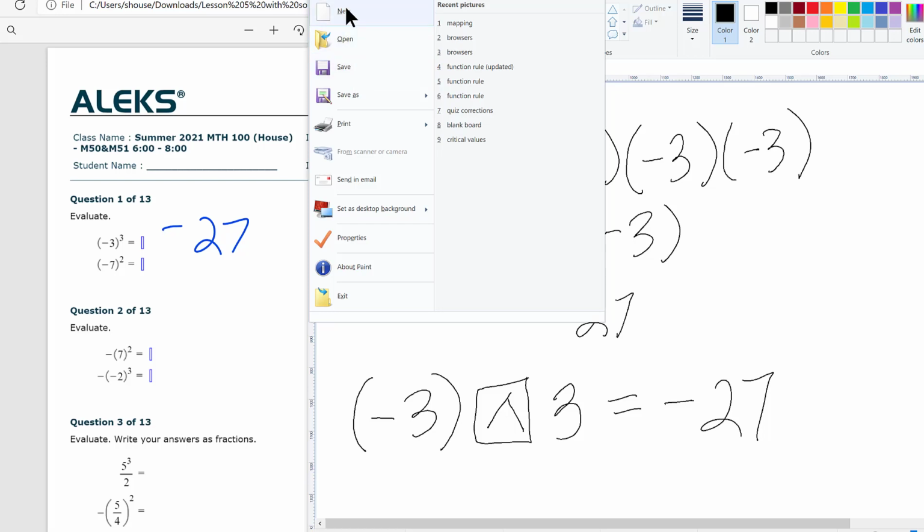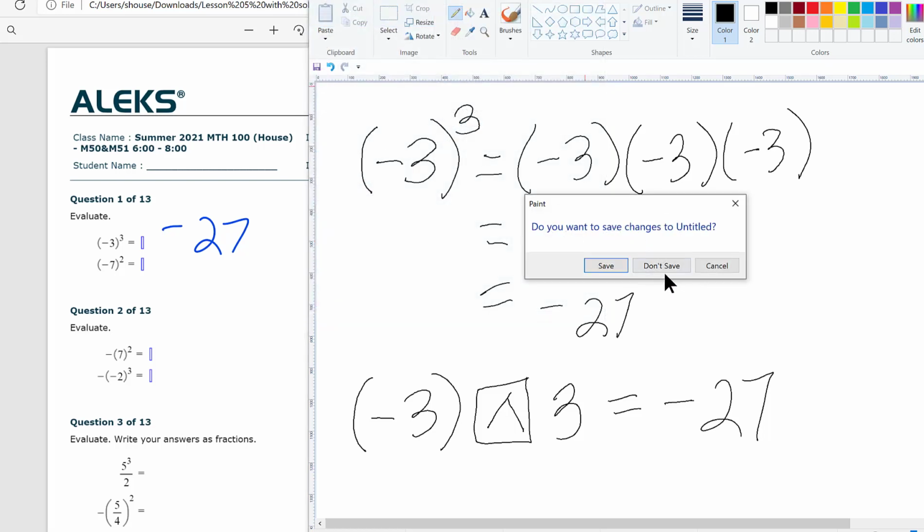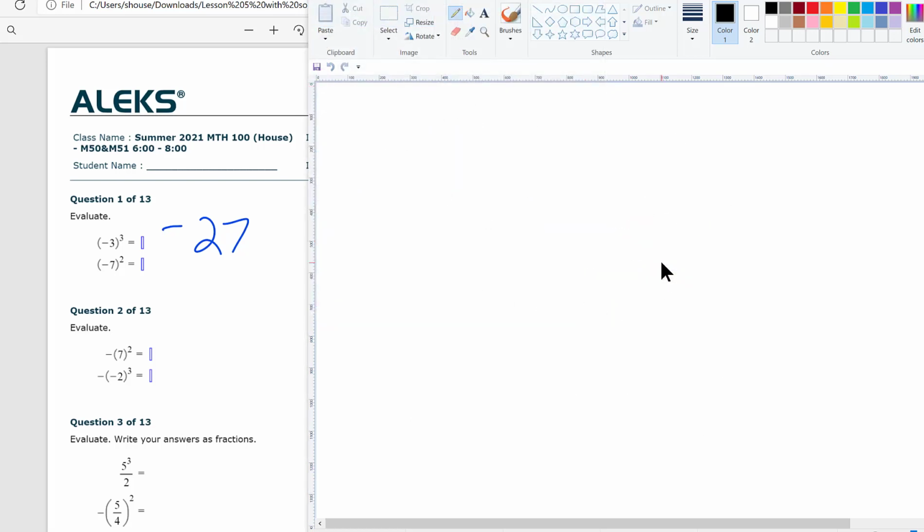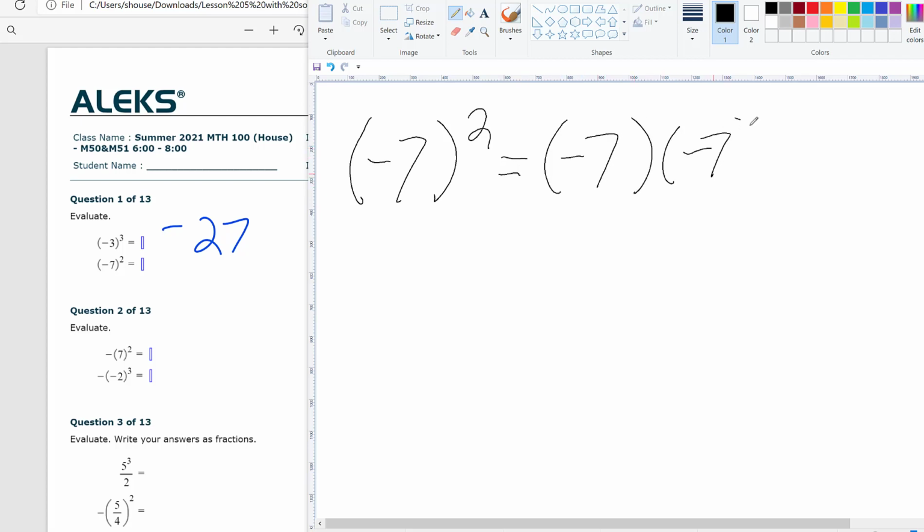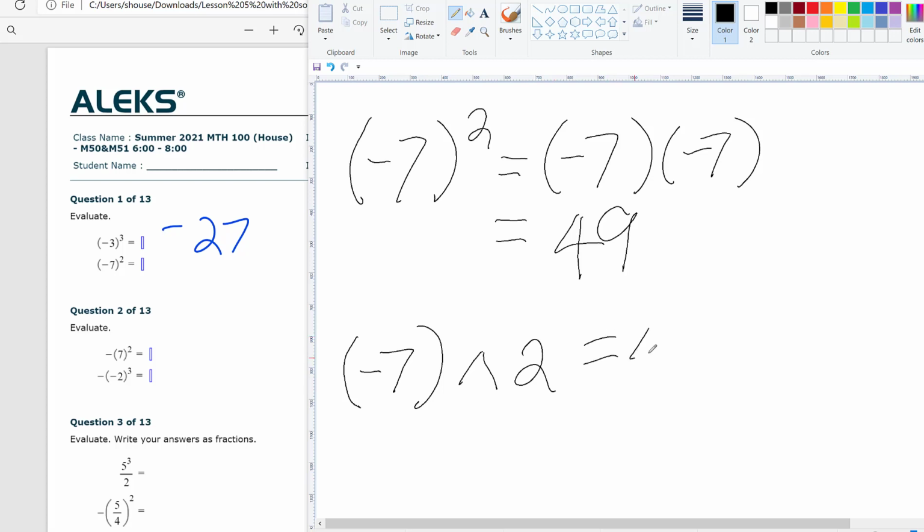The second part, -7 to the second power, means we're going to take -7 twice. So a negative times a negative is going to give us a positive 49. Again, enter it in the calculator, in parentheses, raise it to the second power, and you'll get 49.